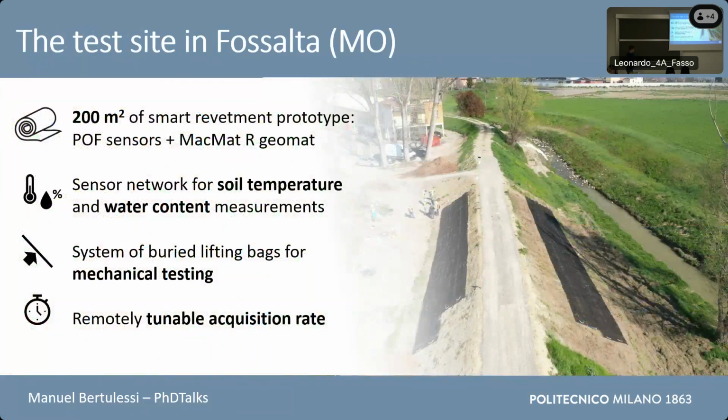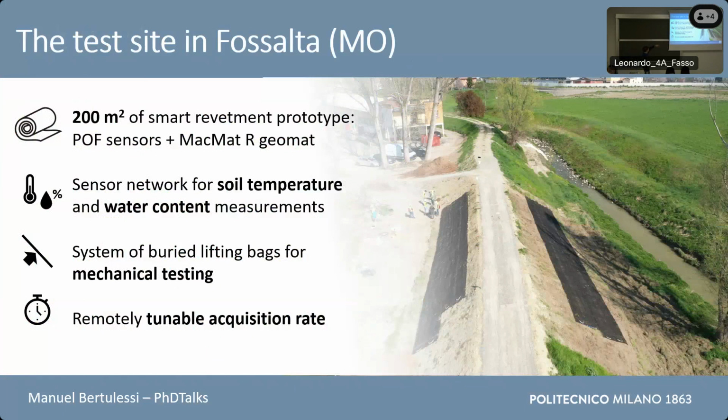So, what about the test site? We installed about 200 square meters of smart revetment, both riverside and landside, by coupling, as I said, fiber optic sensor and MAC geomat. We also installed a sensor network for soil temperature and water content measurements in order to have a clear knowledge of the mechanical behavior of this levee, thanks also to the support provided by the University of Padua.